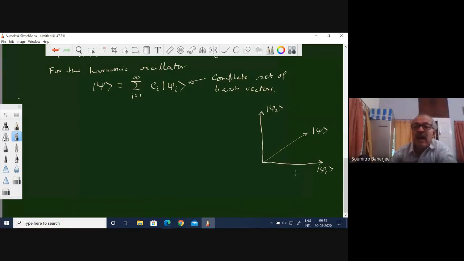We can always do that, and you'll see that we can draw projections, and these projections are nothing but the overlap integrals. How big is this? The overlap integral. How big is that? The overlap integral. So the overlap integral between psi and psi1 is this projection. The overlap integral between psi and psi2 is this projection, and so on and so forth. So you can find C1, C2 this way. But that does not prevent you. Let me choose another color and do that.